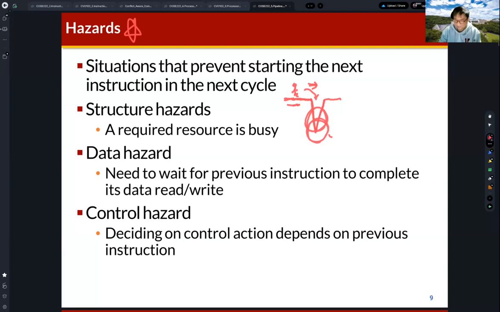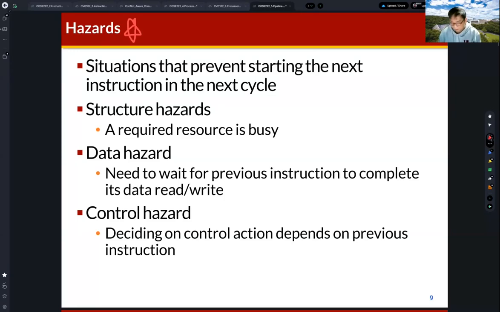This is the normal meaning of a hazard, but in a computer processor, the hazard has a different meaning.